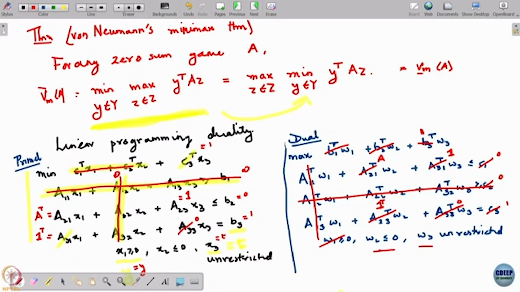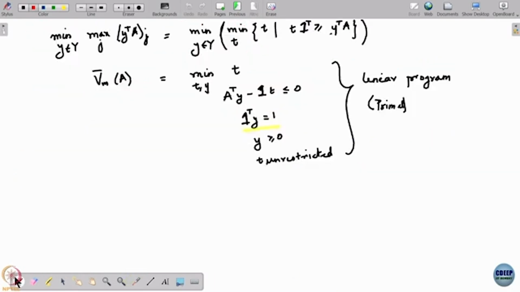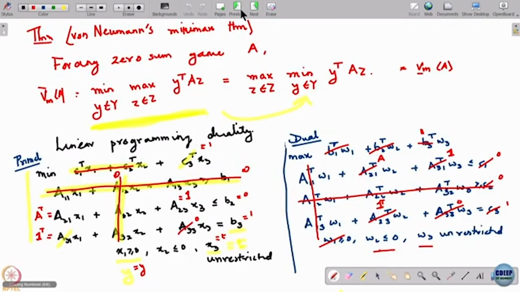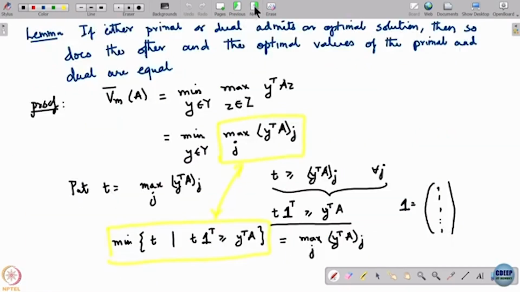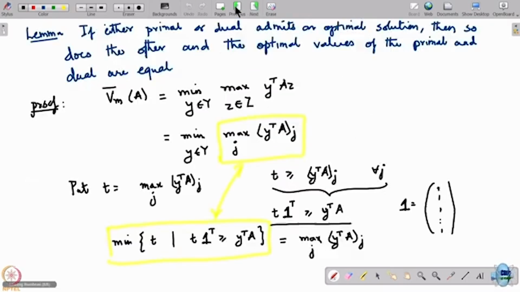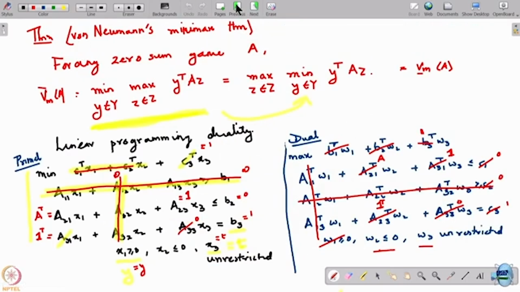Okay, so let's write this out in a clean form. This was my primal. So my dual is going to be, what was the objective? The objective was just 1 times W3. So it is just maximization of W3, and I had 2 constraints: A times W2 plus 1 times W3 less than or equal to 0.